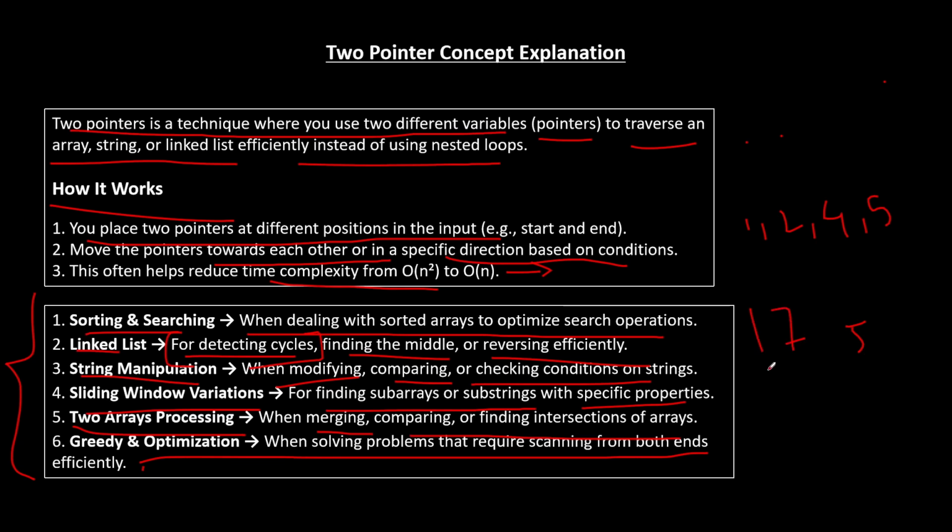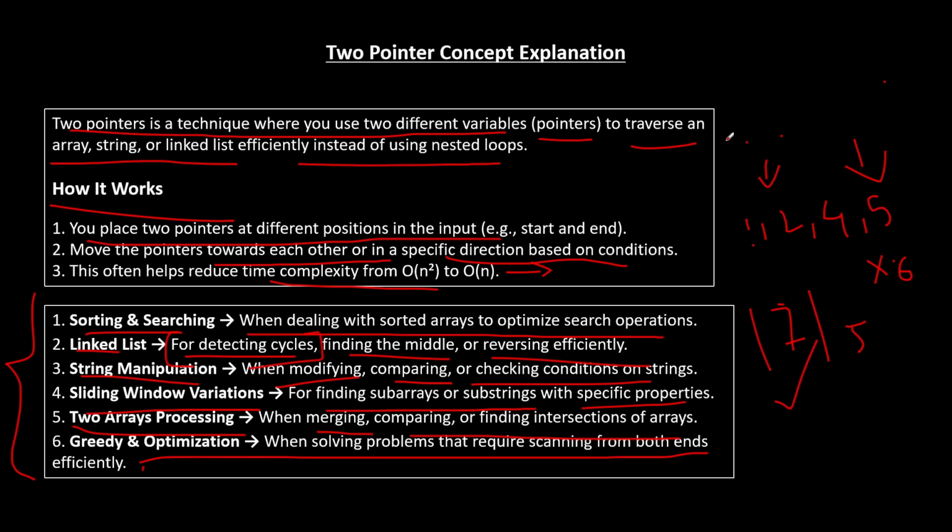We have to find 7. The optimized way using two pointers would be to start one from the start and one from the end. We add these two values, we get 6. So from here we understand that 6 is less than 7, so we try to move the left pointer towards the right. 2 plus 5, we get 7, so we got our output.